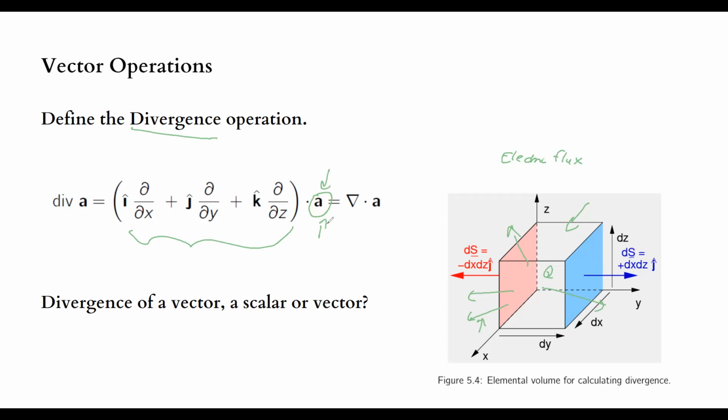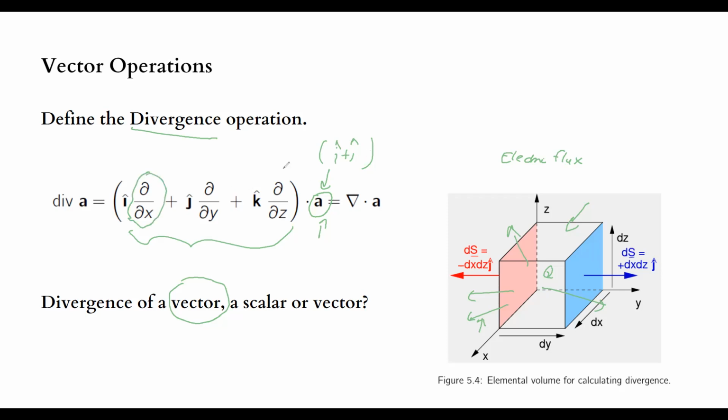Once we take this kind of dot product, is the output a scalar or a vector? If we take a divergence of a vector, it's a scalar. For example, if we take the dot product between i hat plus j hat and the operator, i hat dot i hat is one, because the magnitude is one, so we are left with this term.